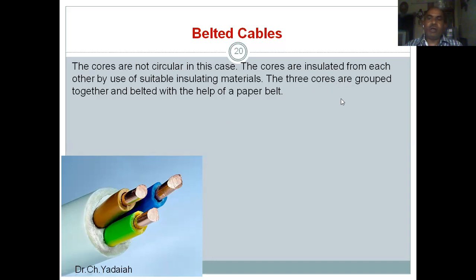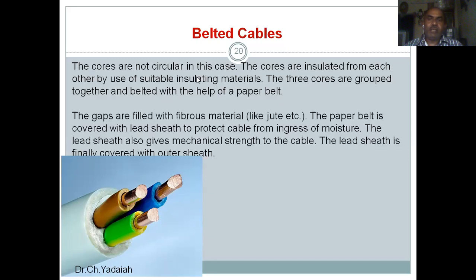The three cores are grouped together and belted with the help of a paper belt, which binds the conductors in position. This is known as the belted cable.